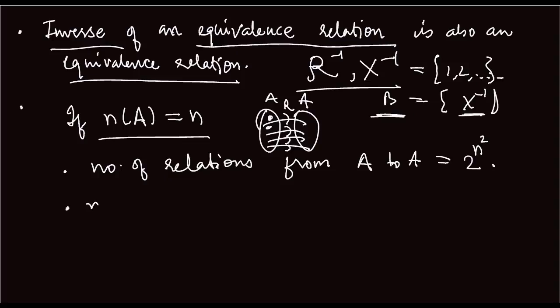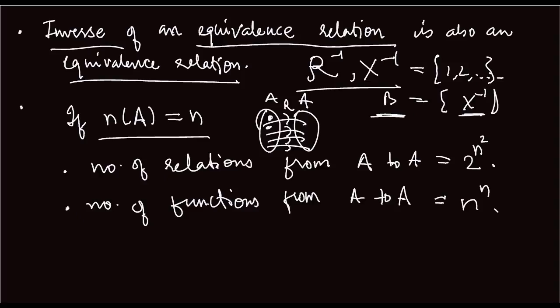Okay, next, number of functions from A to A. This is important. The number of functions from A to A will be n to the power n, that is in this case 2 to the power 2. If you have 3 elements, then 3 to the power 3. Again, number of functions, remember this. Now again, number of 1-1 and onto functions from A to A. This is important.